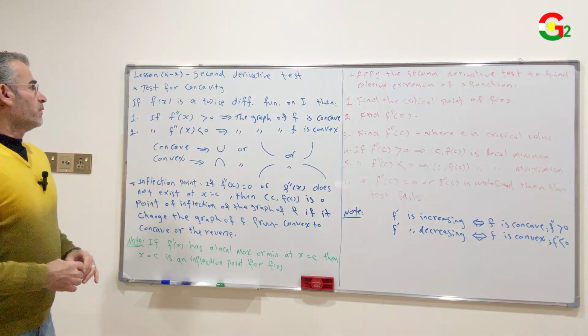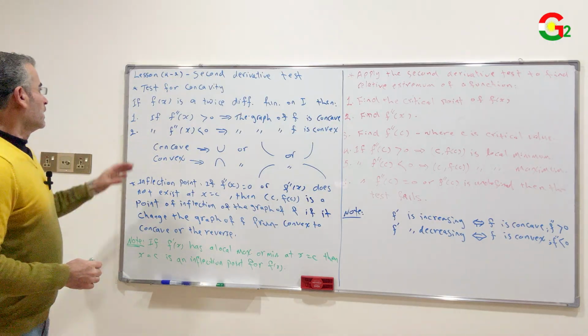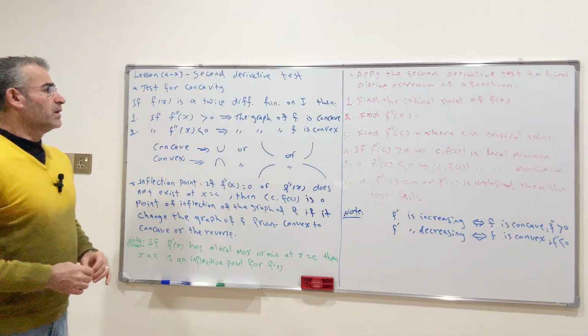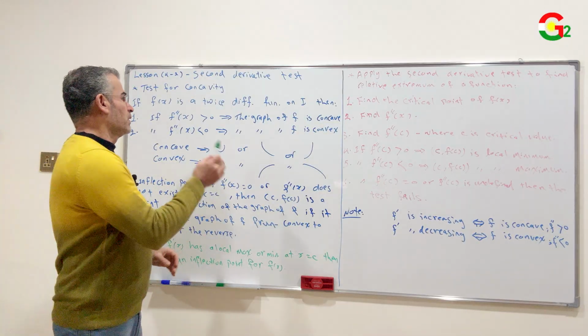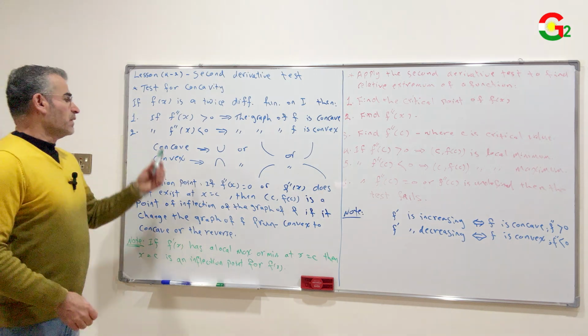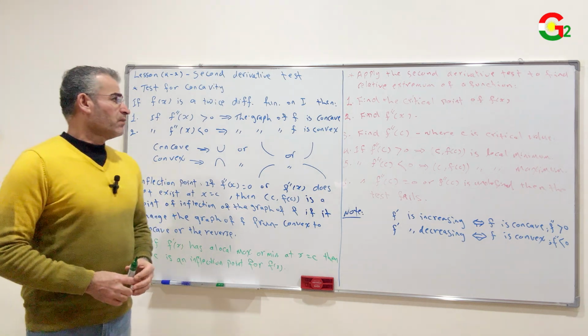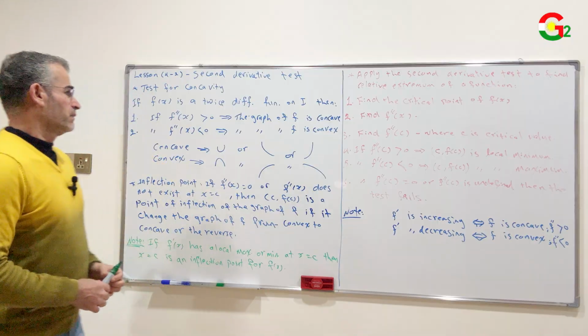Test for concavity. If f of x is a twice differentiable function on the open interval I, then if f double prime of x is greater than 0, the graph of f is concave.